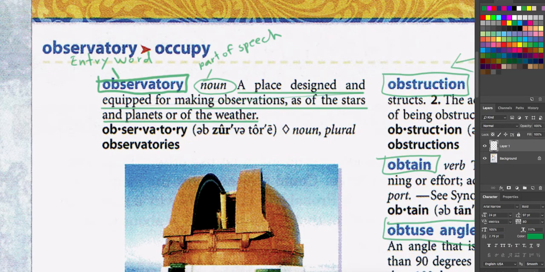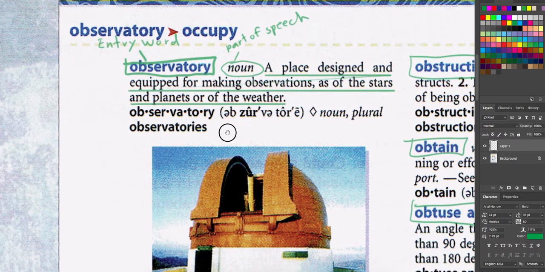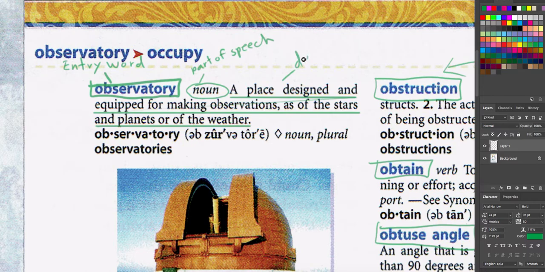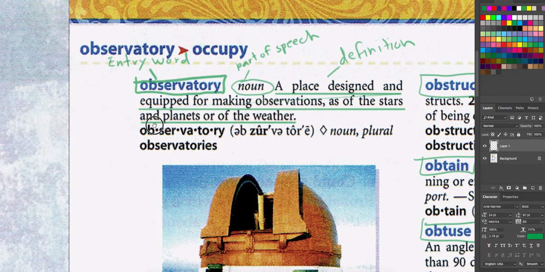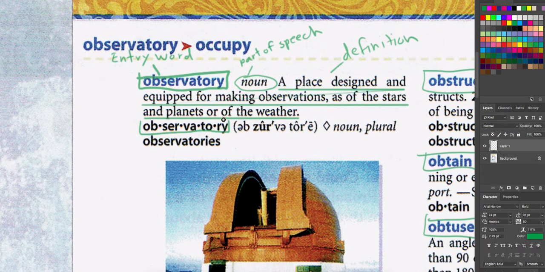What's an observatory? It's a place designed and equipped for making observations, as of the stars and planets or of the weather. This next part here is called the syllabication.